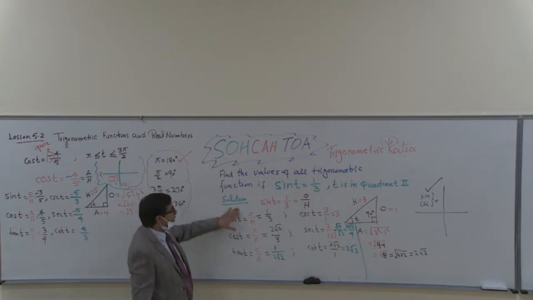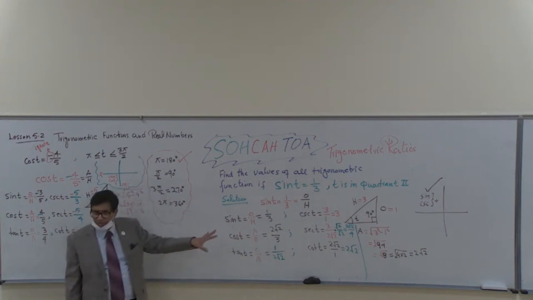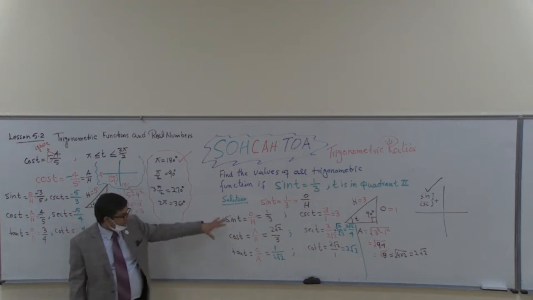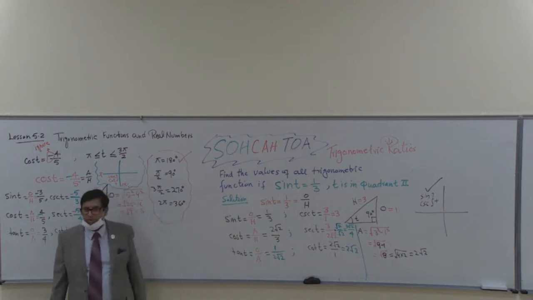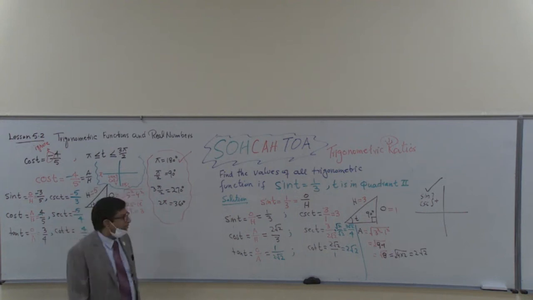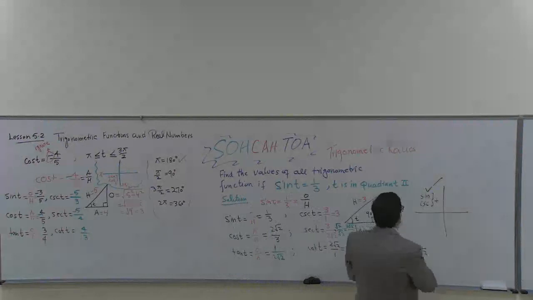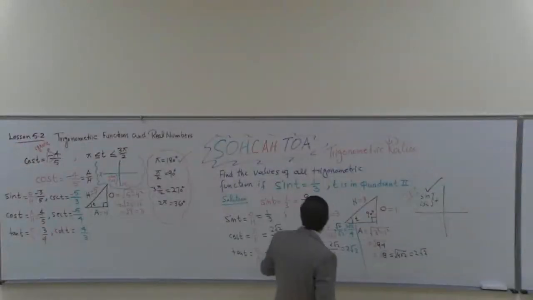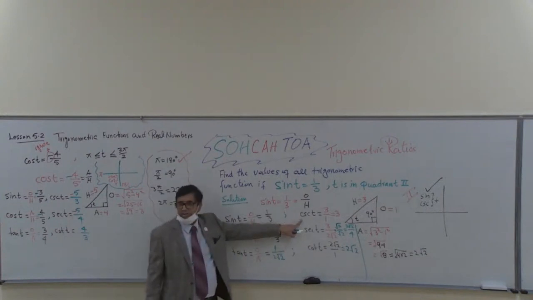Now we have to look for the signs. First do it, forget the signs while you're working for the trigonometric functions. When I'm calculating these ratios, forget the quadrants. At the end, we look for the quadrant. In which quadrant are we working? We are in the second quadrant. Which functions are positive? Sine and cosecant, they are positive.